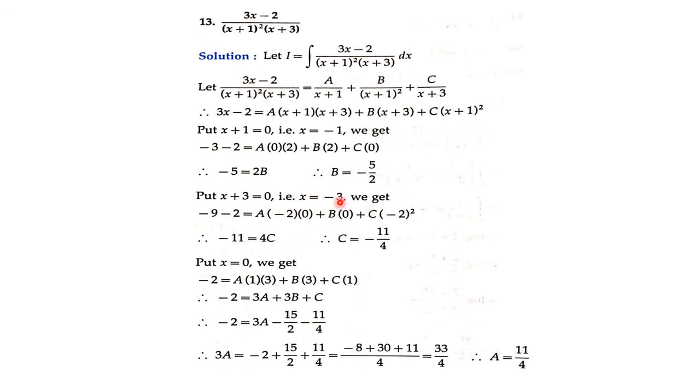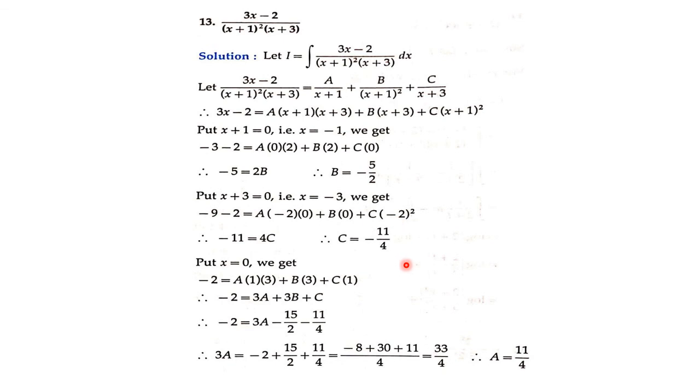So putting x = −3 in this equation: 3(−3) − 2 = −9 − 2 = −11. Wherever (x + 3) is there, those terms become 0. So obviously A and B terms become 0, only C is there. So (−3 + 1)² = 4, that is −11 = 4C, therefore C = −11/4.